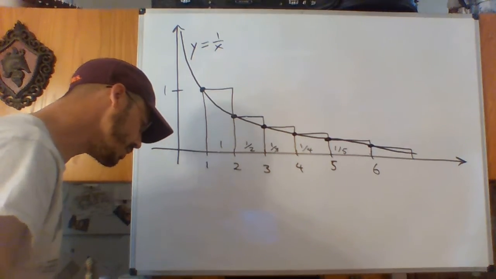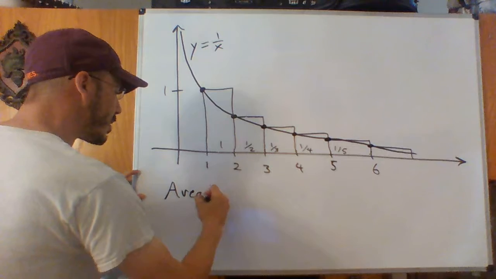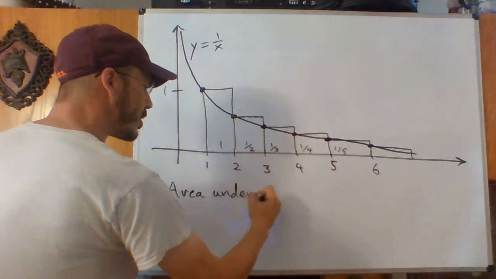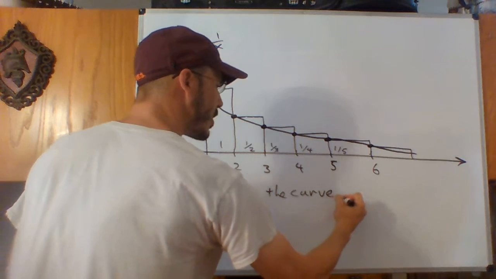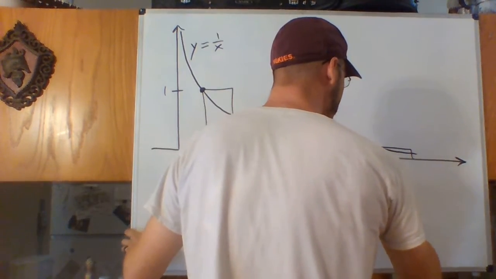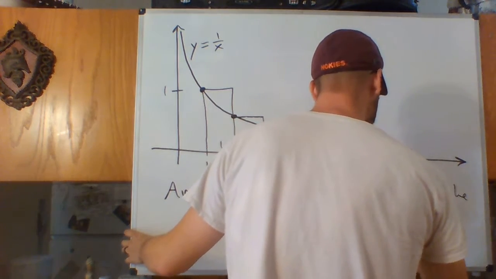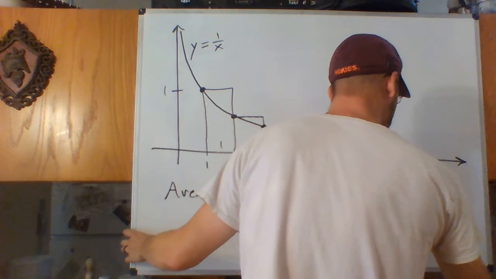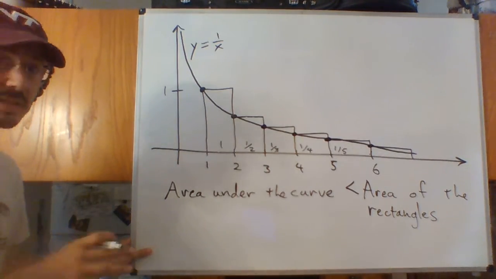So what we're going to look at is this: the area under the curve is less than the area of the rectangles. Again, if I look at a finite number of them, it is less than.